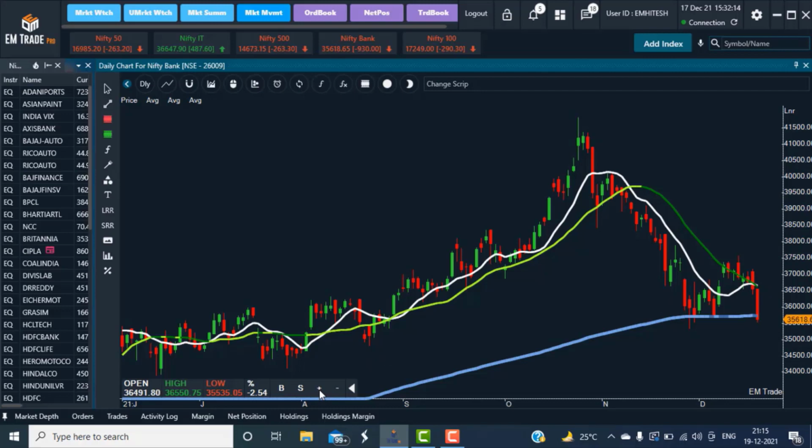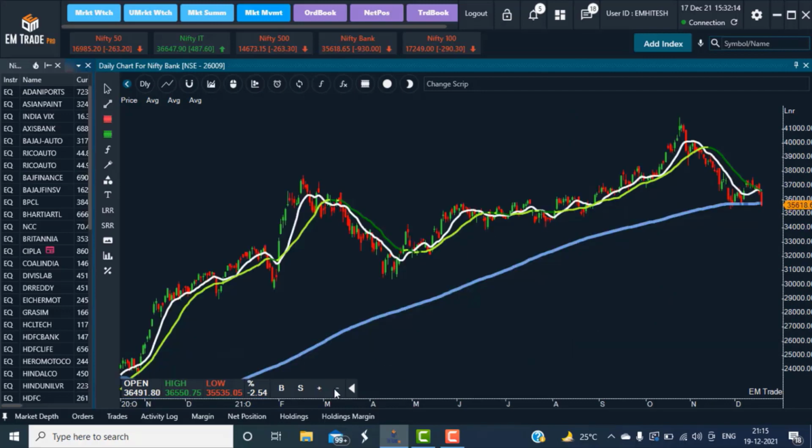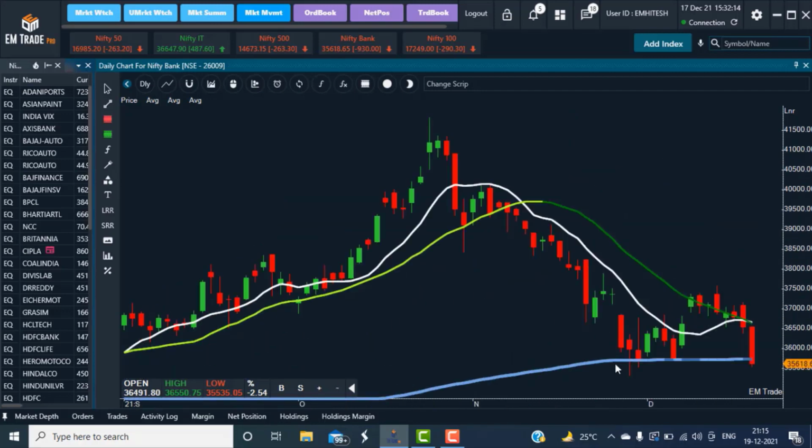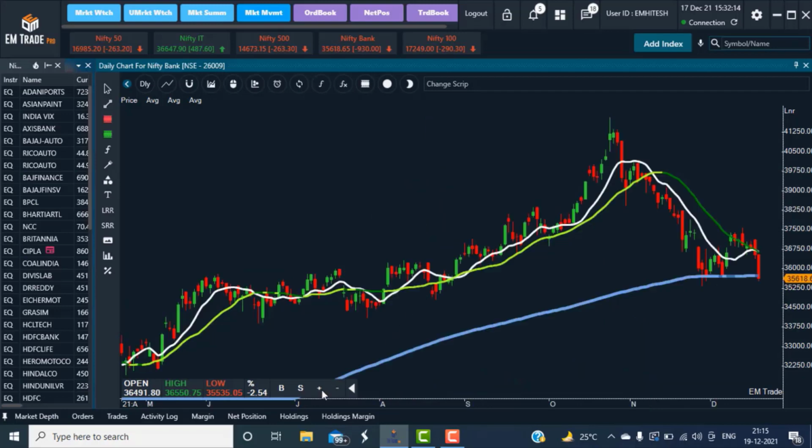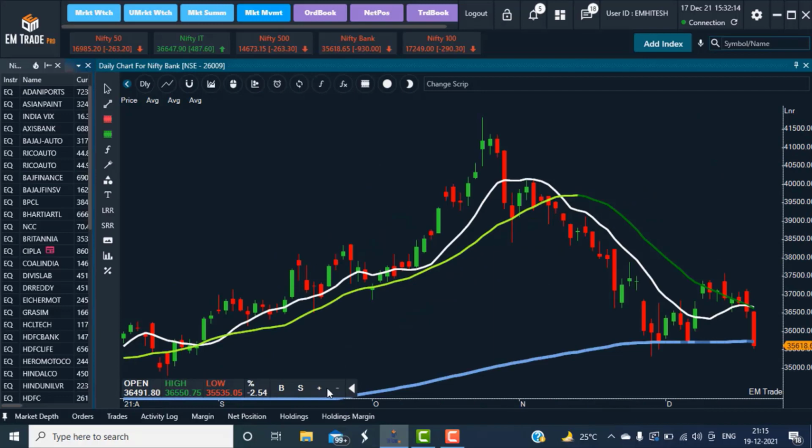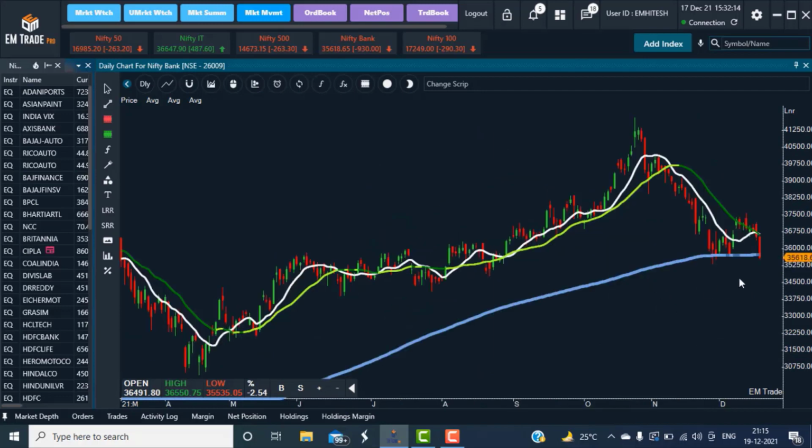And Bank Nifty has closed on a very bearish note, which means the 200-day was tested once, it was tested a second time. Again, when it was tested, the close is below that. So you will come to know tomorrow, Monday, whether it gaps down below the 200-day moving average. Then Bank Nifty should see further severe declines.